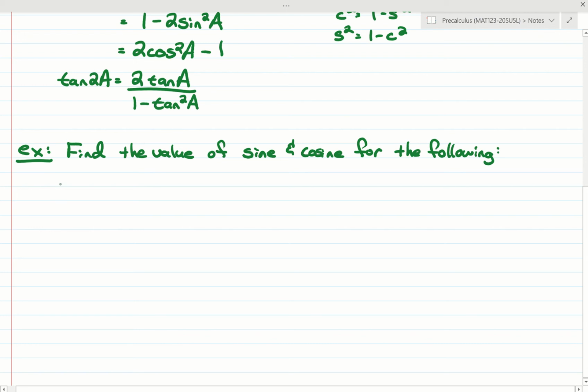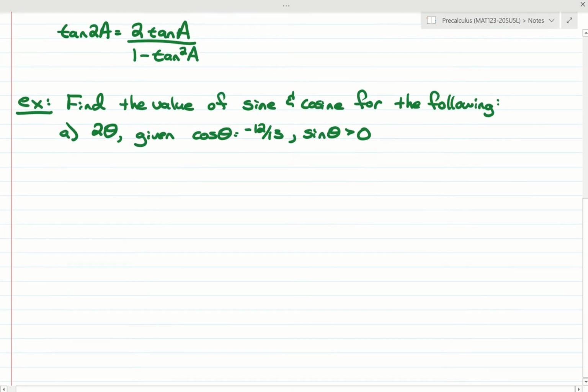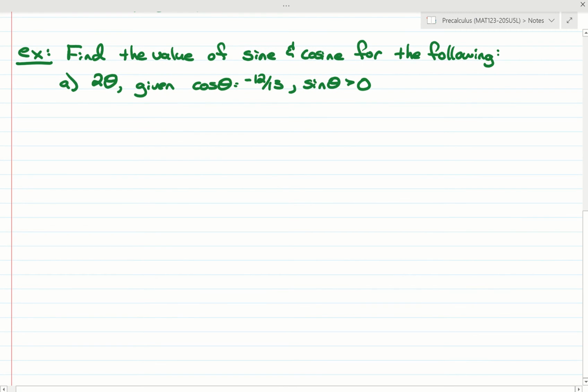So our first example, I'm going to ask you to find the sine and cosine of 2 theta, so a double angle, given cosine of theta is negative 12 over 13, sine is positive, and that's what I want us to find.